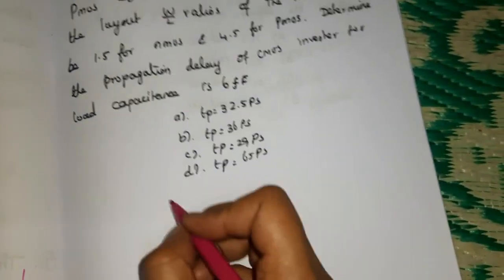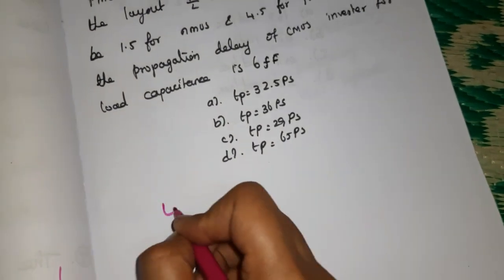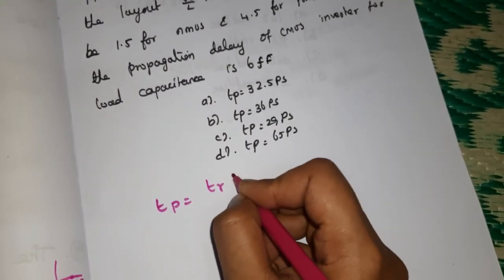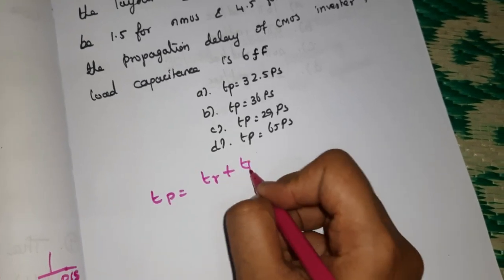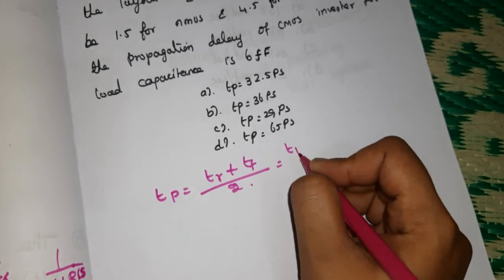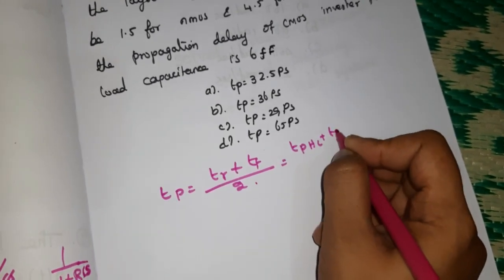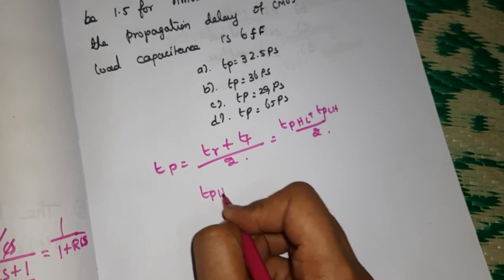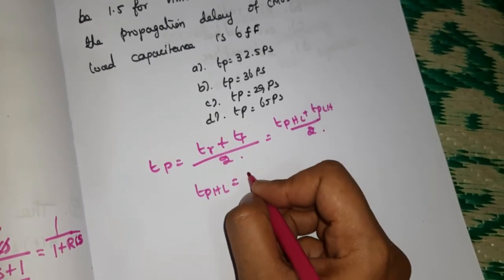The formula for propagation delay is the rising delay and fall delay divided by 2, that is TPHL plus TPLH divided by 2. So first we have to find TPHL.